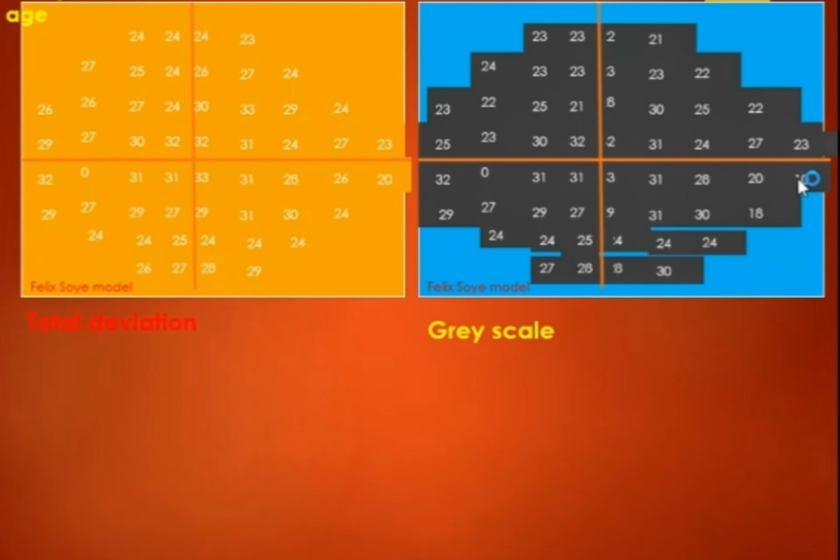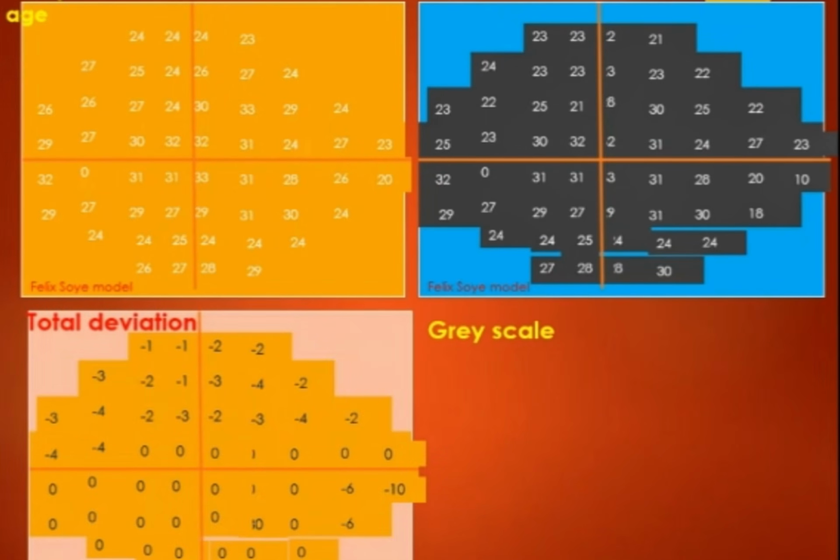We'll have 10 here, gotten from the patient being tested. Then for the same retinal point, for that particular age bracket, we are having 20 here. So if you go over to the total deviation, at this particular retinal point, we are going to have minus 10. You can see it here. We are having -10 for that retinal point because the normal for the age bracket should be 20, while the patient is having 10.